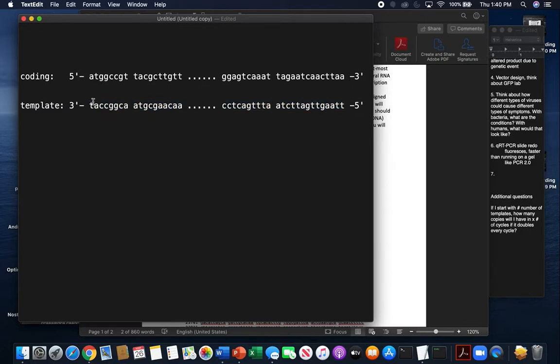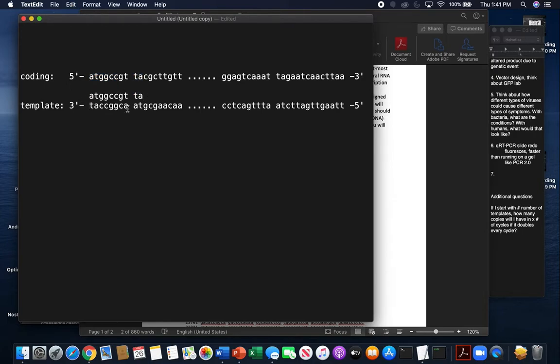So how do I get a primer to match this segment of DNA? Well, for a primer to work, it has to be the reverse complement. What is the reverse complement of this sequence? It's this sequence right here.